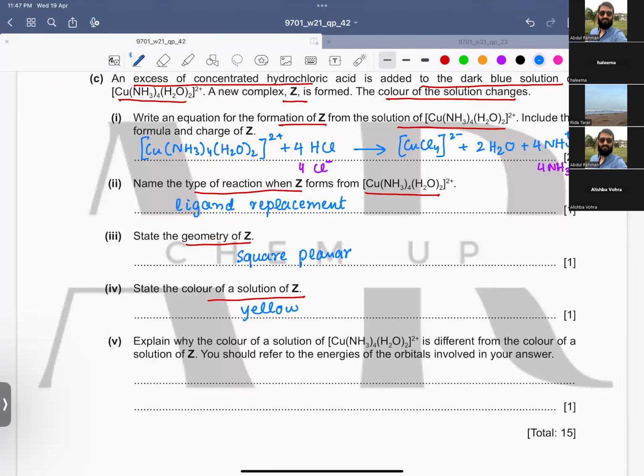Sir, won't the geometry of Z be tetrahedral? Yes, sorry, I don't know why I forgot. Yes, with chlorine it's tetrahedral and it doesn't show cis-trans or optical isomerism. It's tetrahedral.